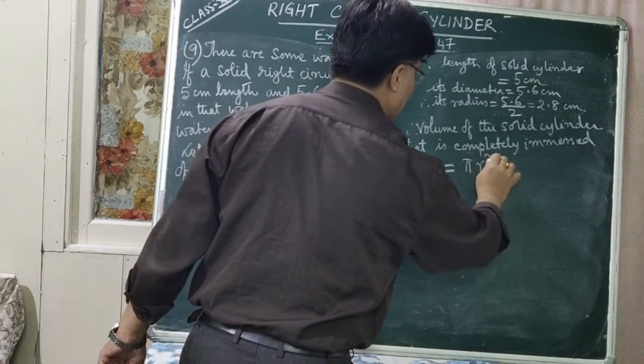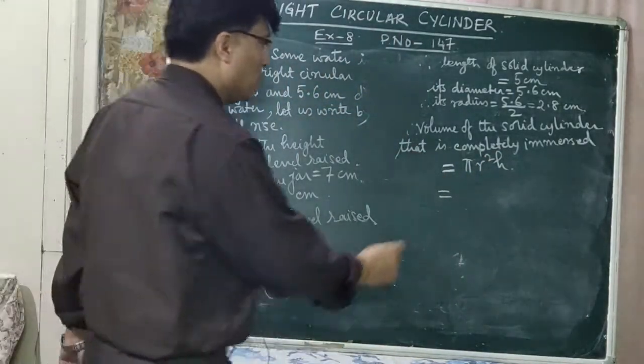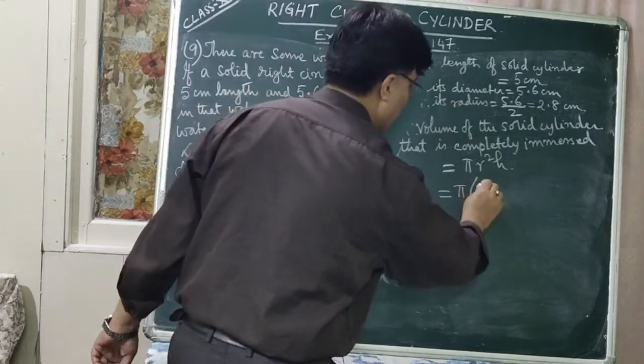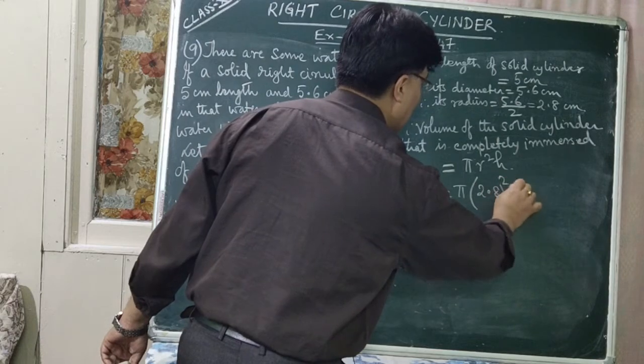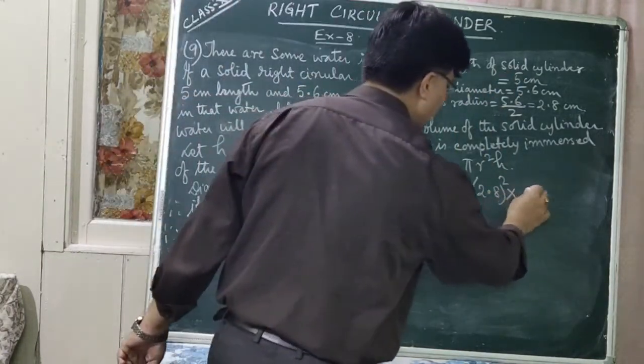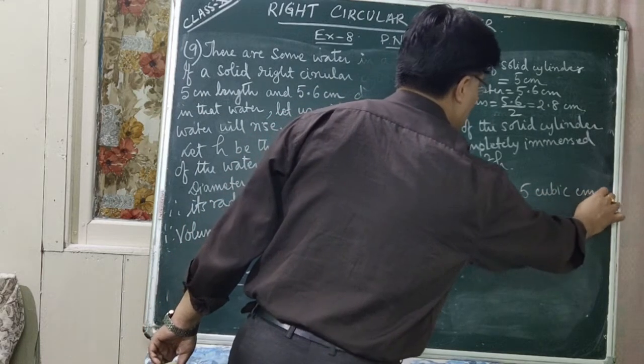It is pi r square h, which is equal to pi, radius whole square, 2.8 whole square into, what is the height, what is the length? Length is the height, isn't it? That is your 5. You can write cubic centimeter.